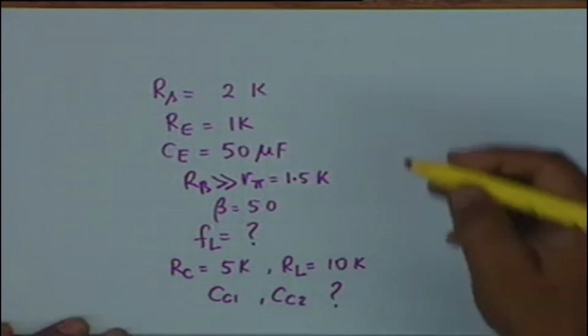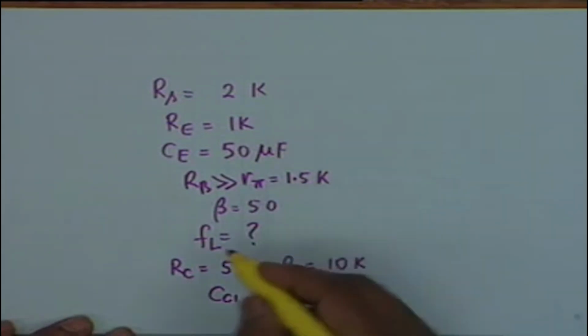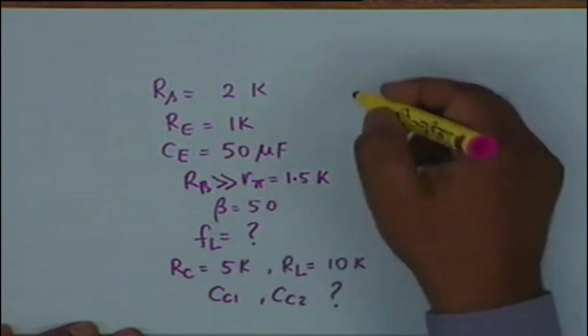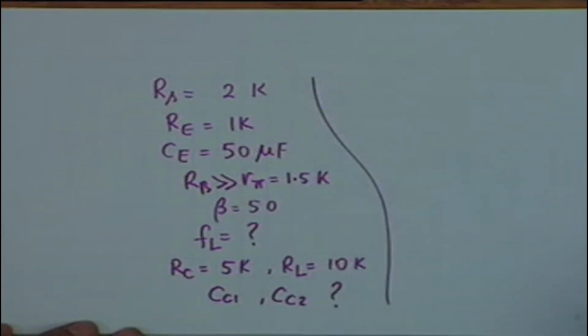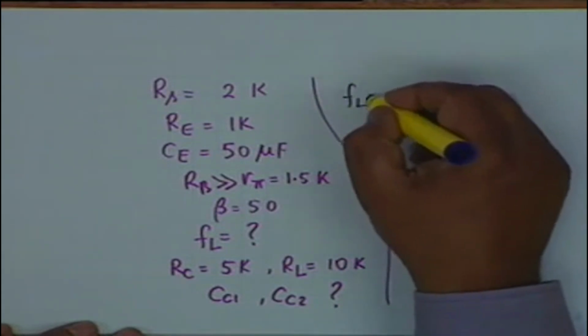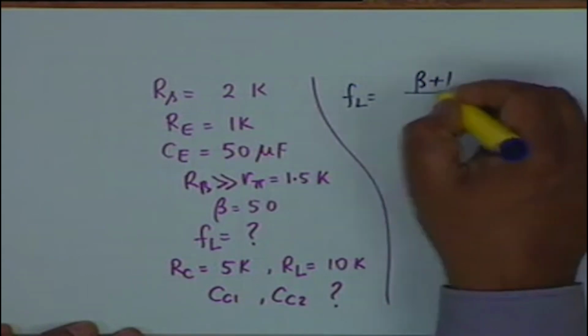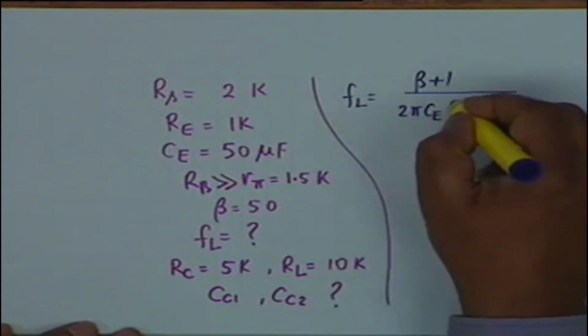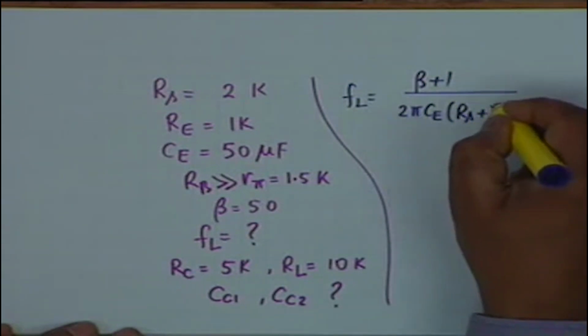Okay, the design proceeds like this. Since Ce determines the low frequency 3 dB point, you can calculate FL as equal to (beta plus 1) divided by 2 pi Ce (Rs plus R pi).